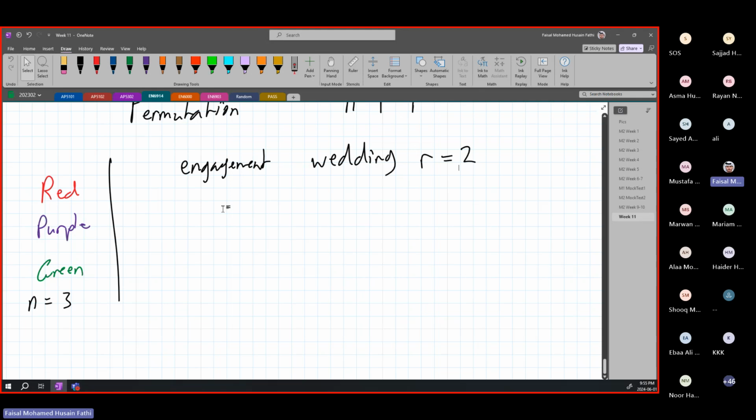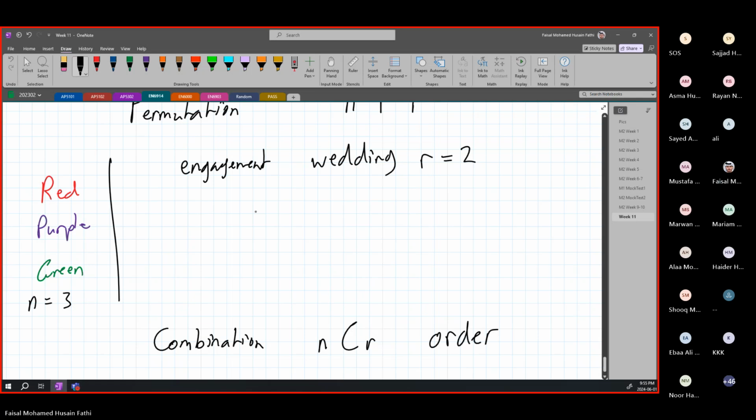Now, in combination, which is NCR, order does not matter. Meaning you don't care which one you're wearing when, you just want to know the colors that you will be choosing for the weekend of the wedding, for example.